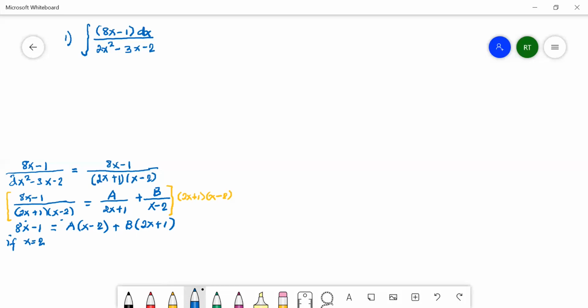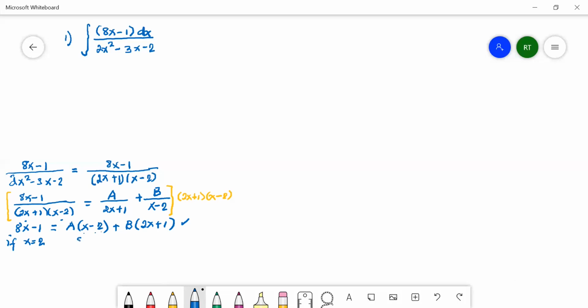If we substitute x equals 2 in the simplified form, 8x minus 1 is equal to A times the quantity x minus 2 plus B times the quantity 2x plus 1. When x is 2, of course, x minus 2 will be 0, right? So what will happen?